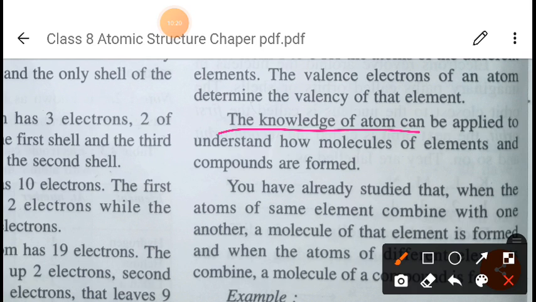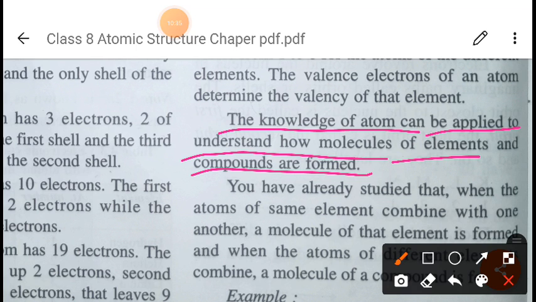This knowledge of the atom that we have learned now will be applicable to understand how the molecules of an element or the compounds of an element are formed, right? From this valence shell concept or valency concept, we can easily understand what a molecule is, how these molecules are made, how these compounds are formed.